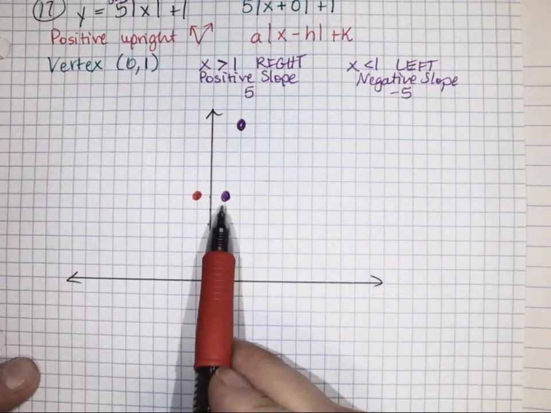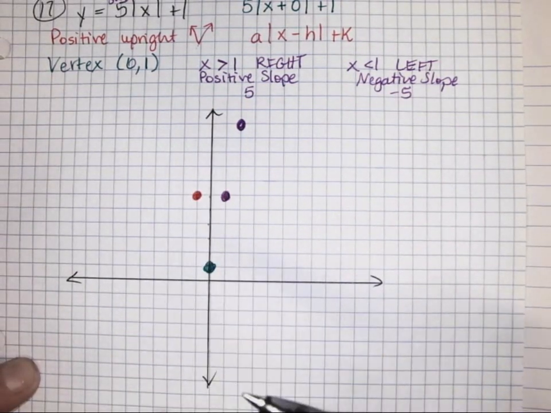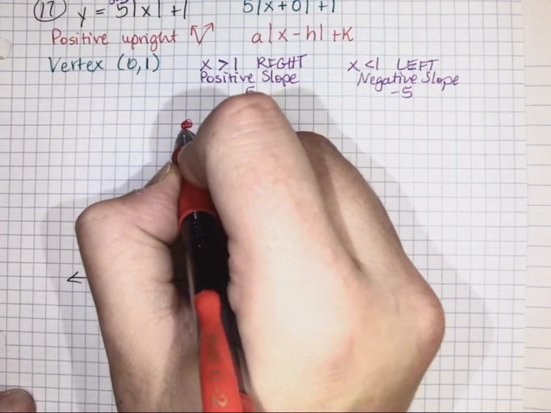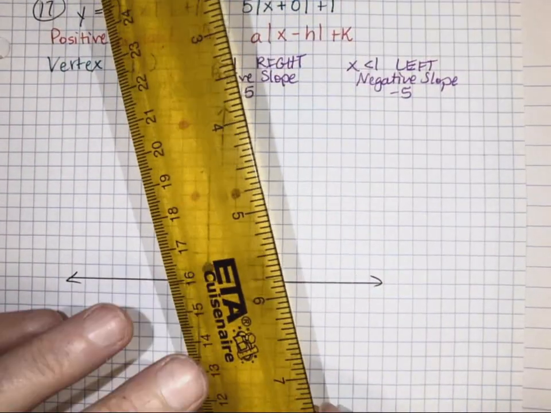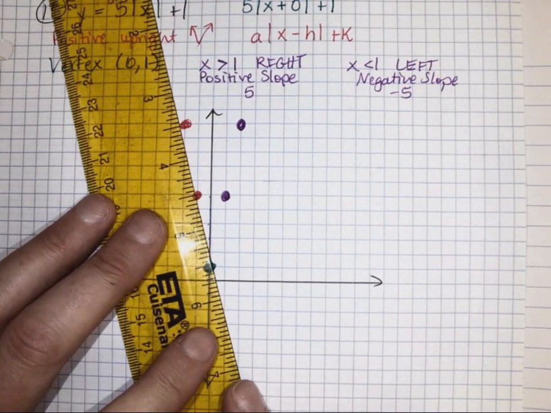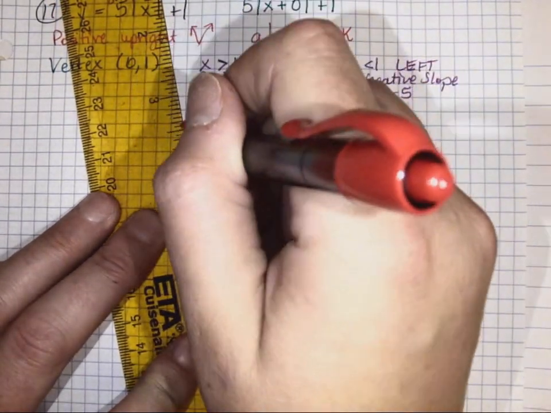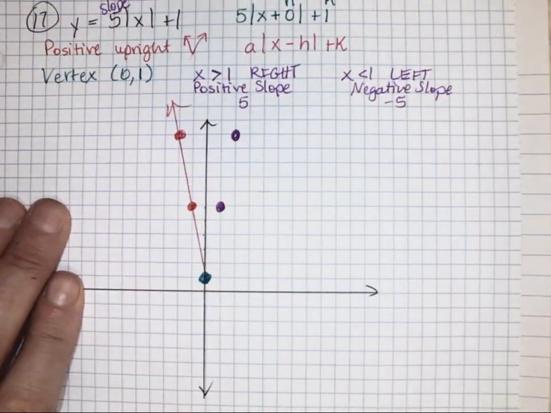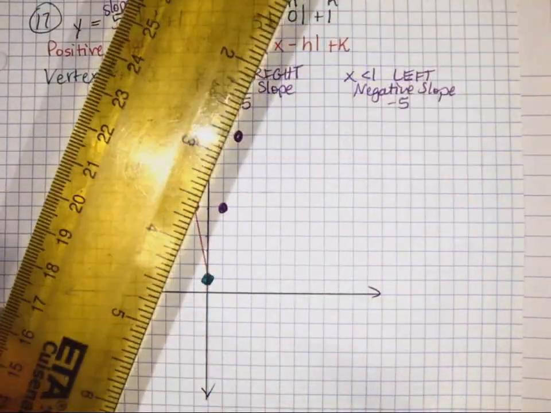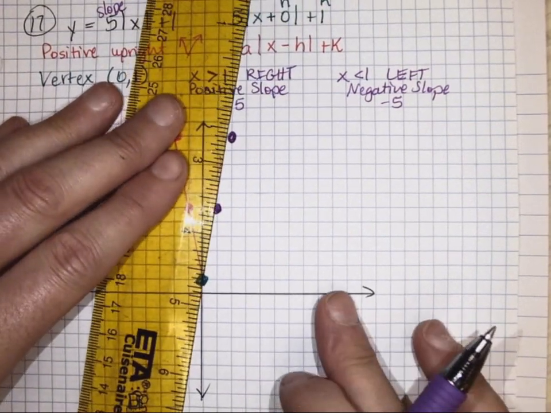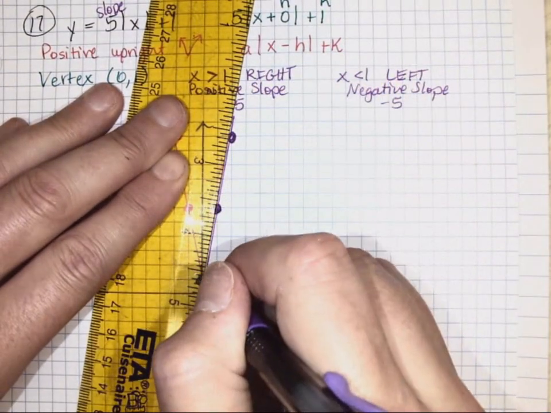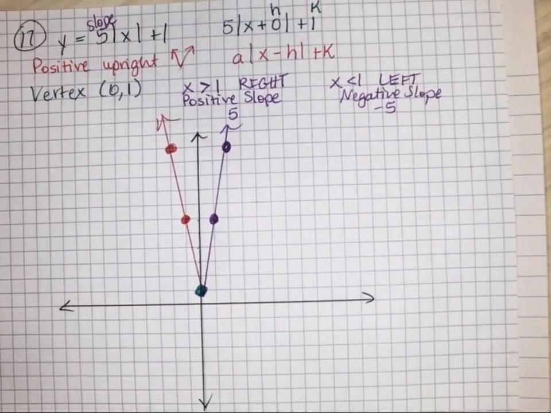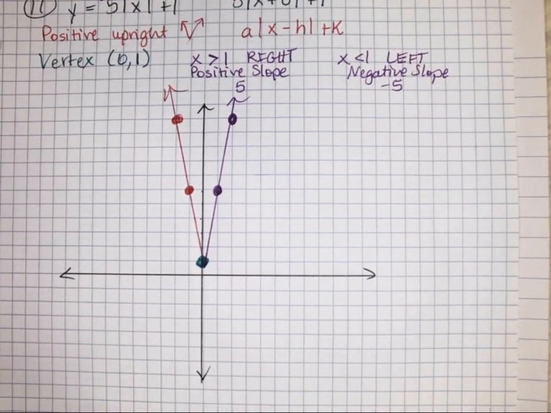So here's my vertex, and I've got a point across this line or axis of symmetry. And you can also use that to help you graph them. I'm just using different colors to show you how you get your parts.